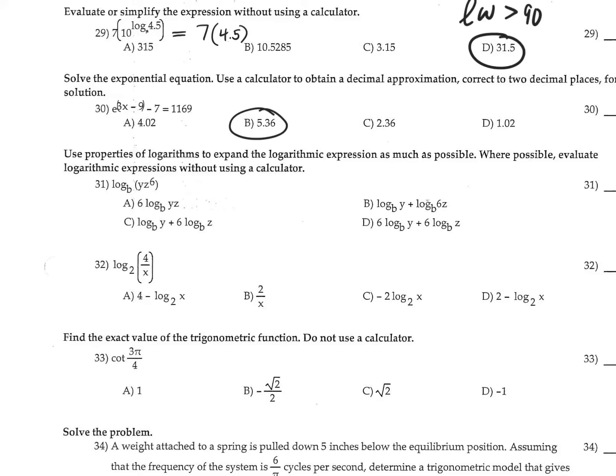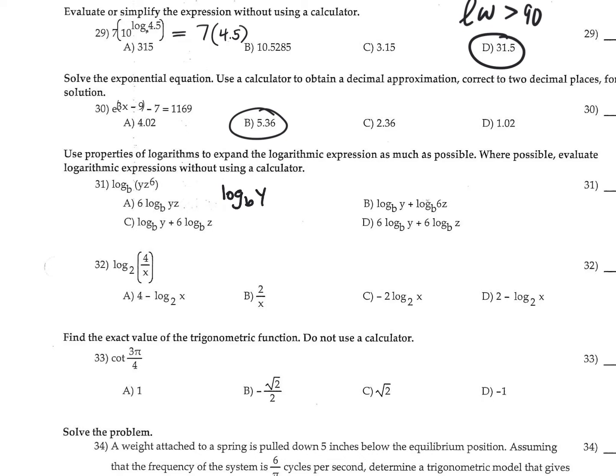All right, let's keep working through these. Here on 31, they want us to expand the logarithm, and we have log base b of y times z to the sixth. When we multiply our argument, that turns into an addition.